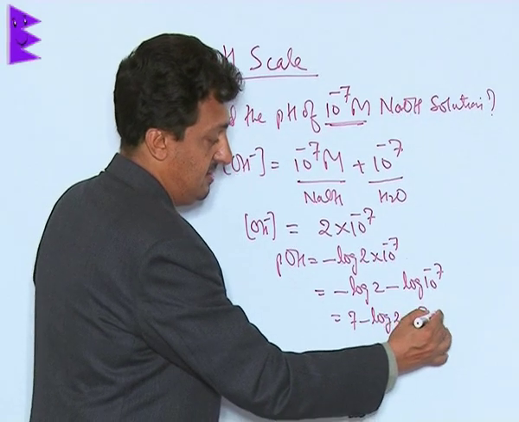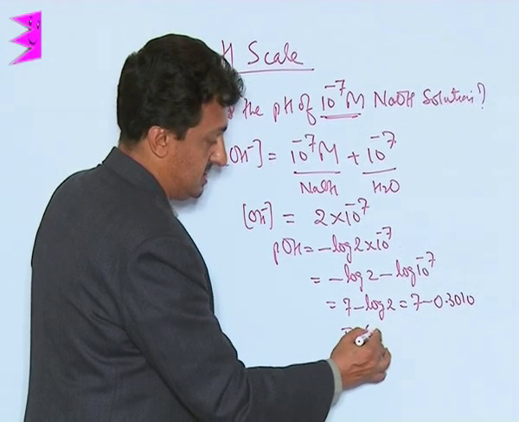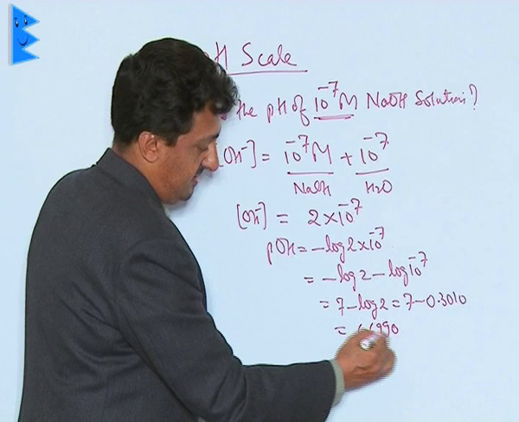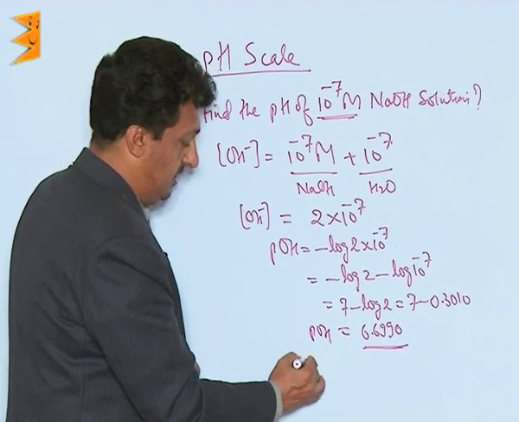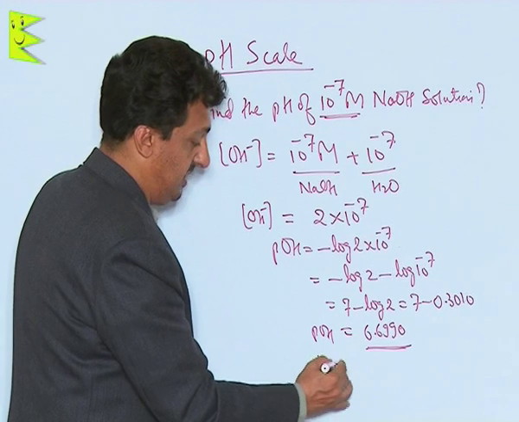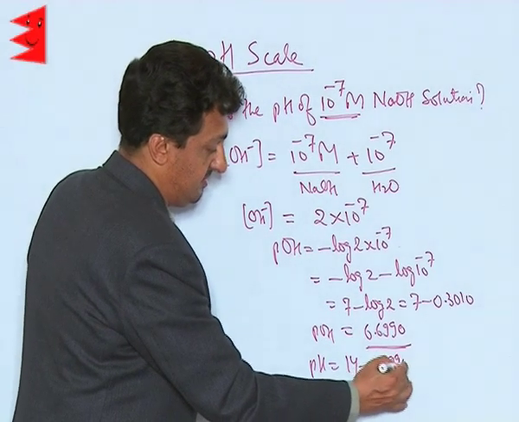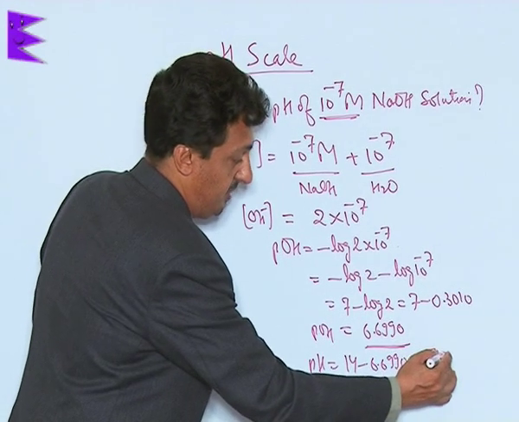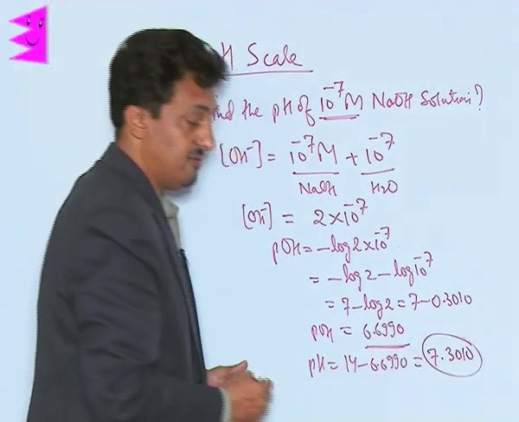Log 2 is 0.3010. So it will be 6.6990. So this is your pOH. If pOH is this much, therefore pH will be 14 minus 6.6990, which will be 7.3010. So this is your pH.